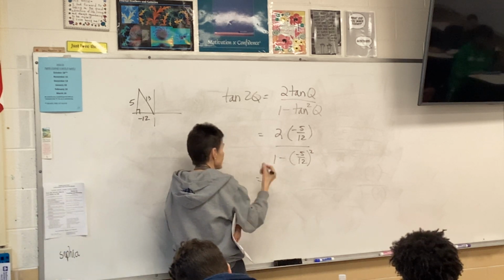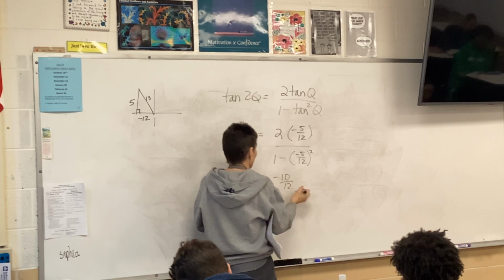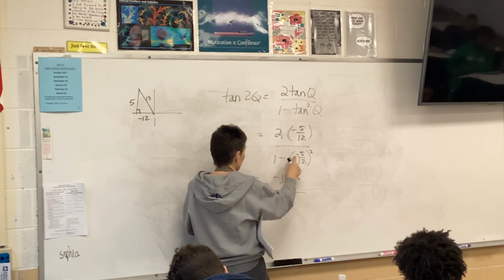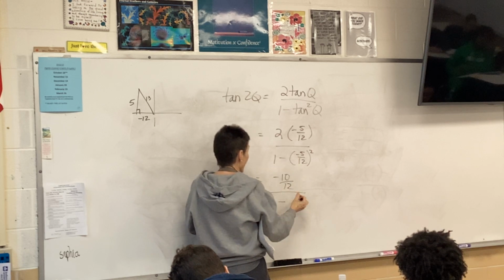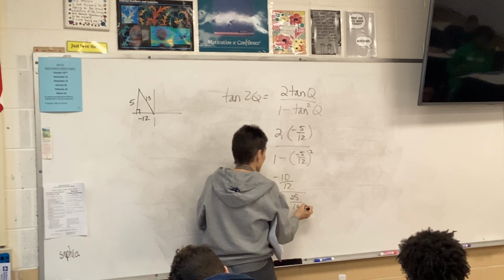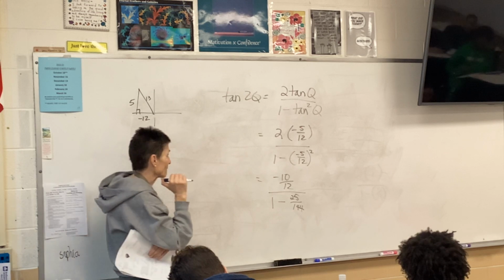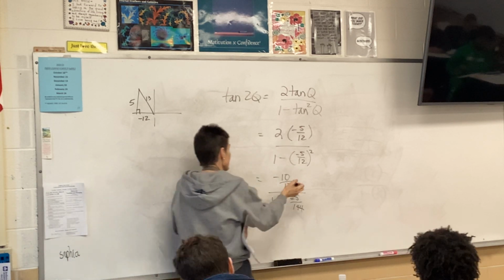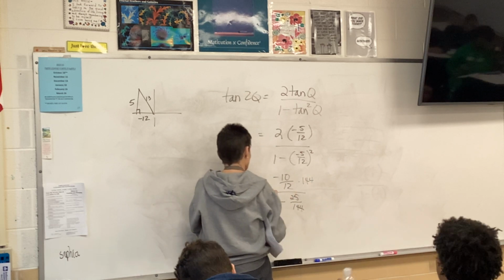And just did something like this, negative 10/12 on top, and 1 minus, be careful, these don't cancel. That one gets squared, 25/144. Whatever you want to, I'm gonna times by 144.